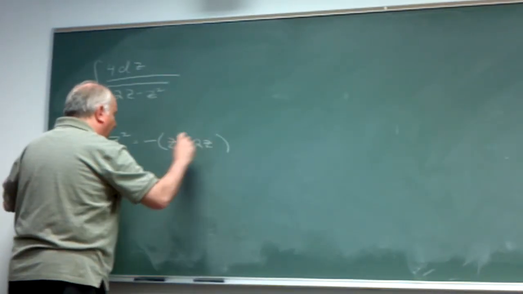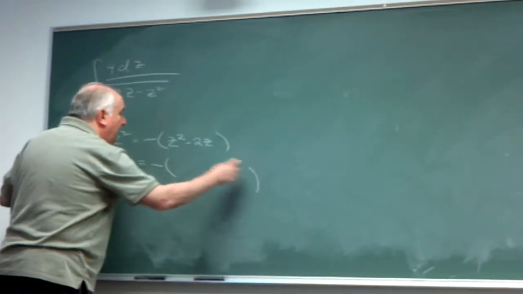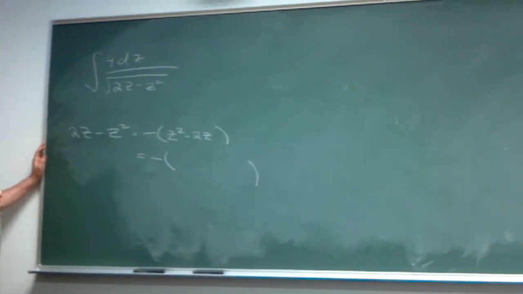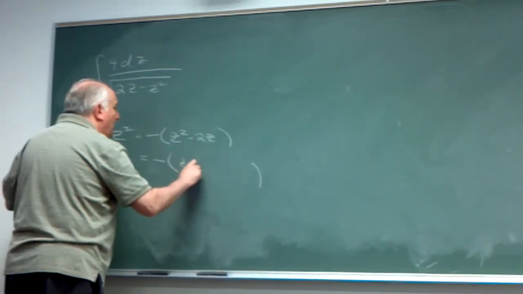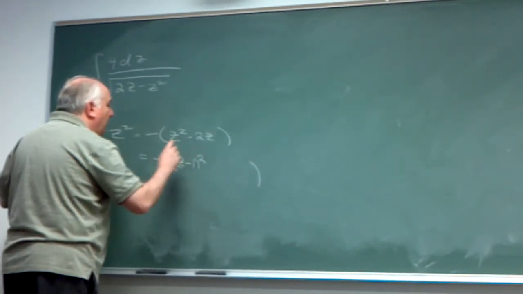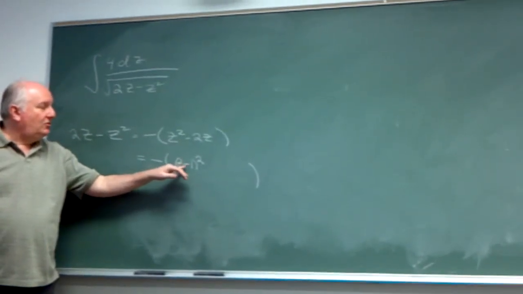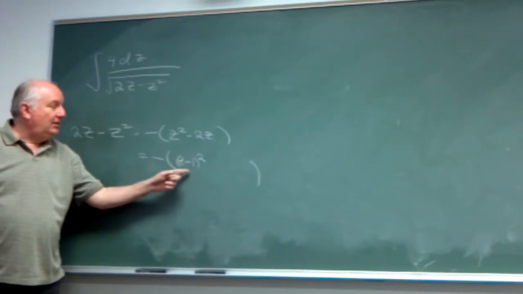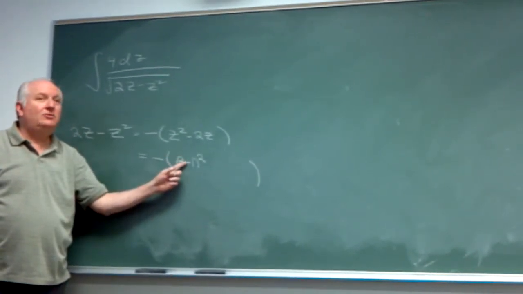On the inside, I can play my complete the square game. It would be z minus 1 squared, which gives me z squared minus 2z plus 1. To keep this what it's supposed to be on the inside, I need to subtract the 1 away.